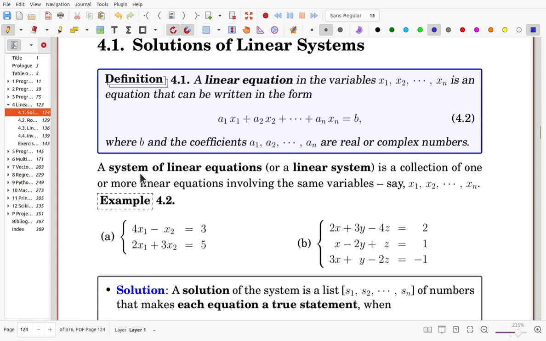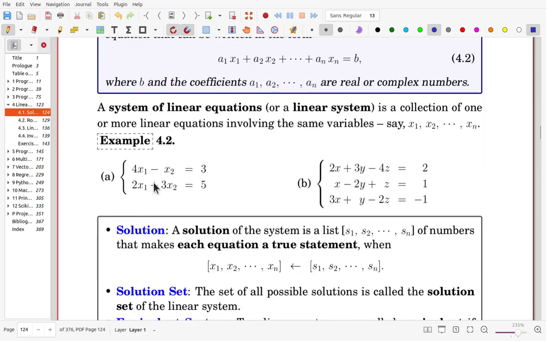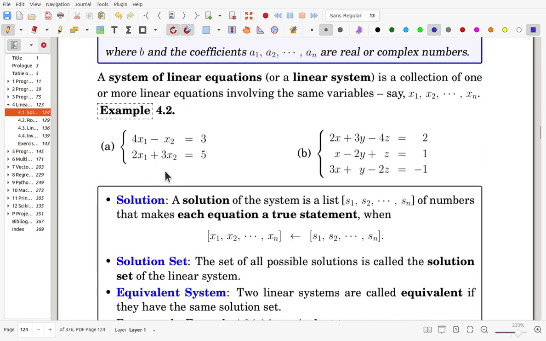A system of linear equations, or simply a linear system, is a collection of one or more linear equations involving the same variables. Here, the left-hand side is a system of two linear equations with two variables, x1 and x2. And the right side is a linear system of three equations with three variables, x, y, z.